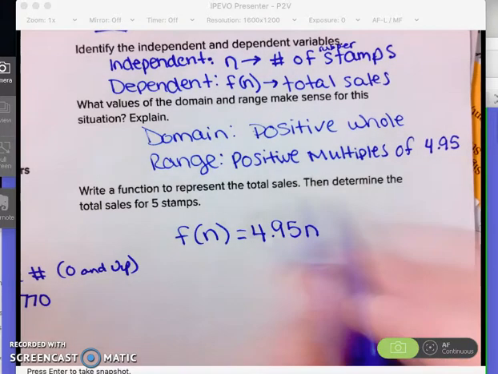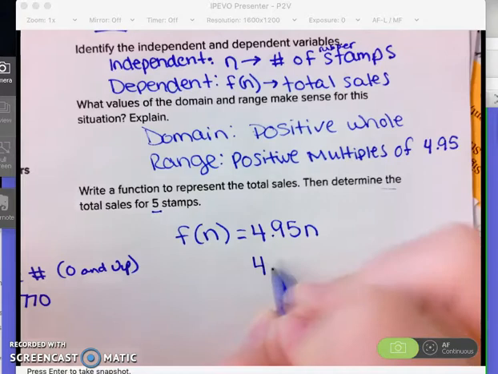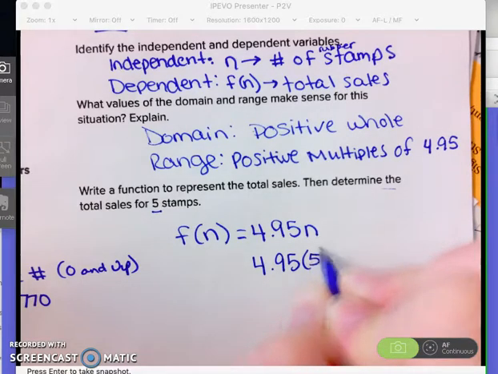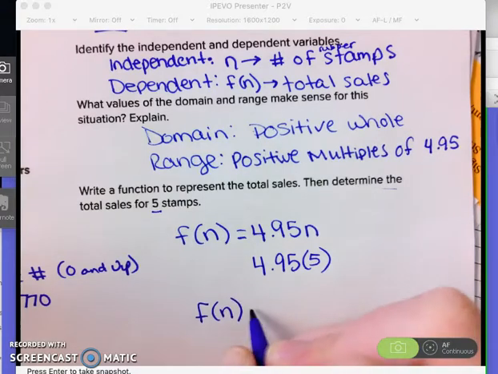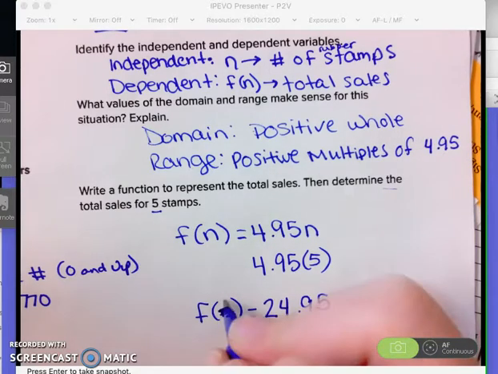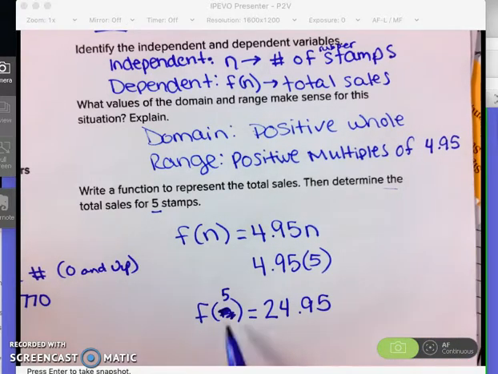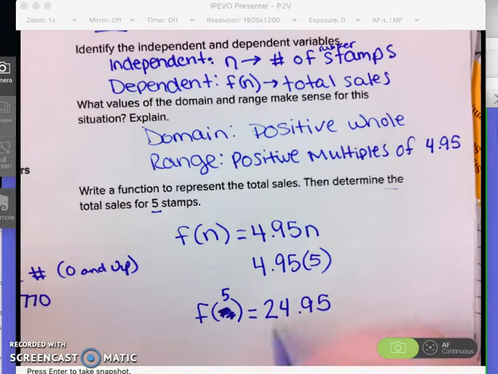And if I determine the total sales for 5 stamps, $4.95 times 5, I would get out f of 5, meaning I'm going to put 5 into my equation here, and I'm going to multiply $4.95 times 5, and I get $24.75 for 5 stamps.